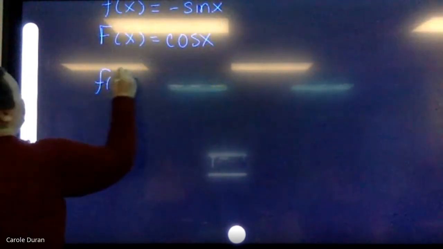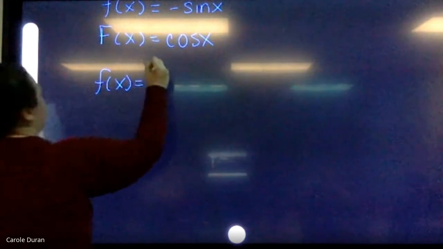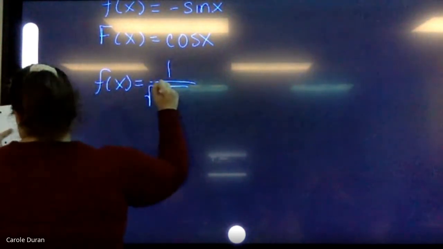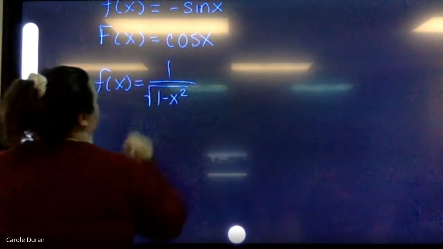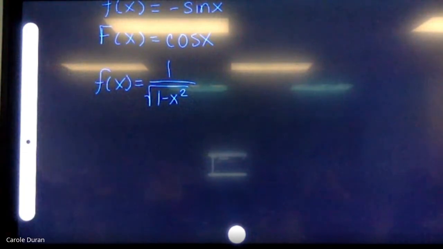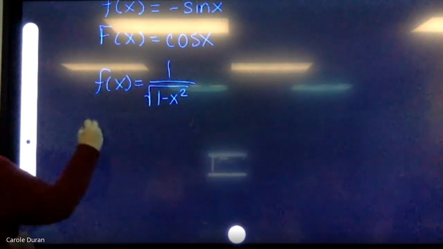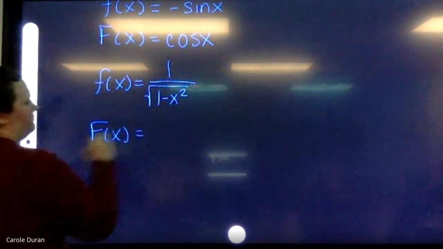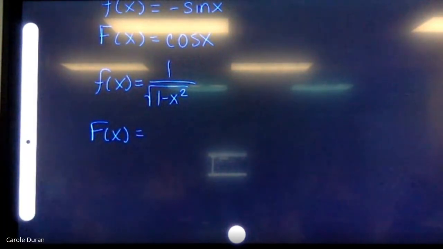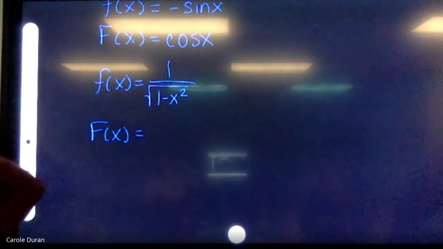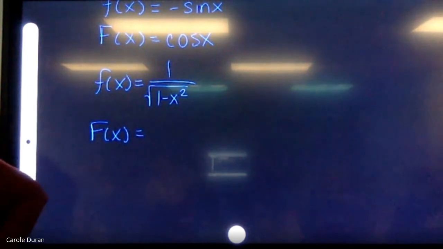Well, these are just basic antiderivatives, yes. Say that was my derivative function. What would be my original? It's an inverse derivative, right?